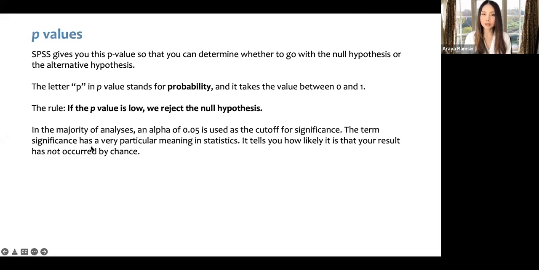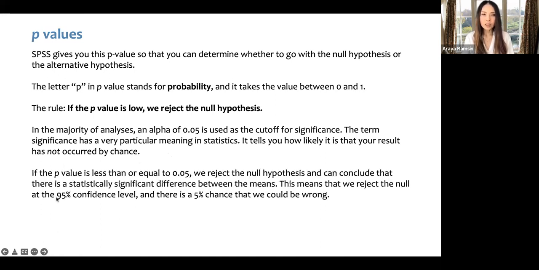The term significance has a very particular meaning in statistics because it tells you how likely it is that your result has not occurred by chance. If the p-value is less than or equal to 0.05, then we reject the null hypothesis and can conclude that there is a statistically significant difference between the means.